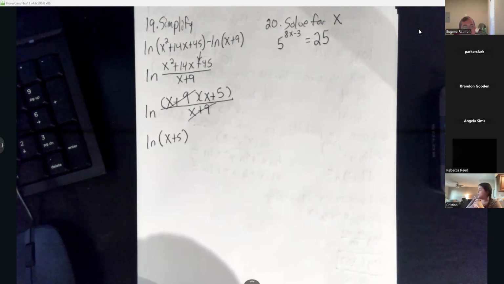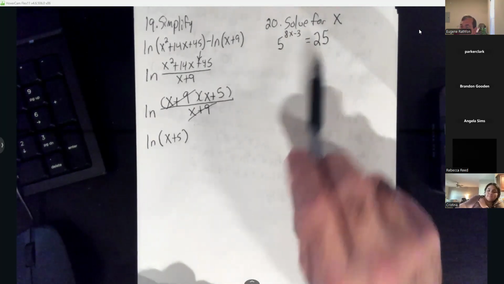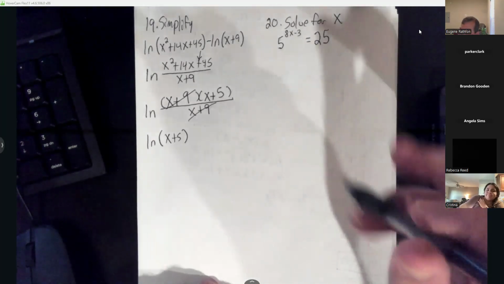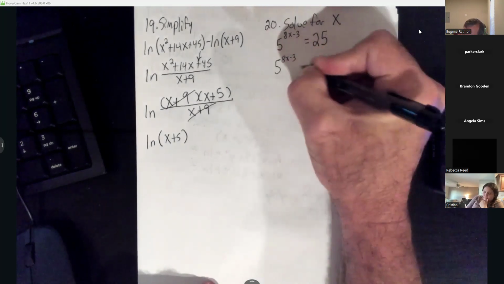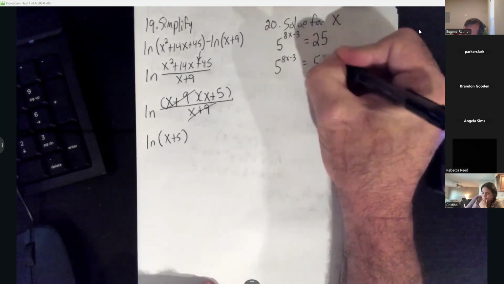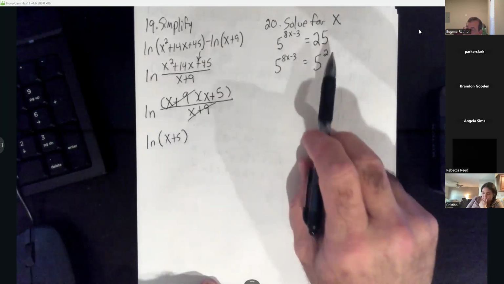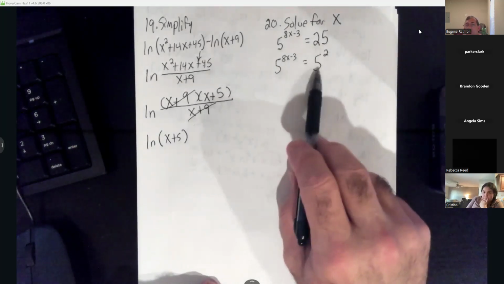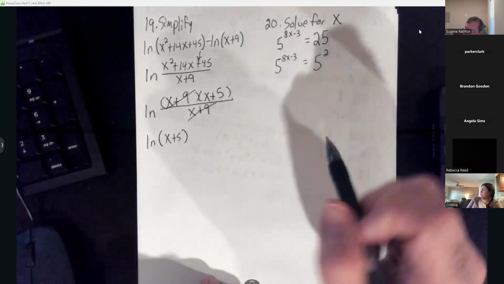So some of y'all look like y'all are shaking yes on that. Yeah, I can rewrite 25 as 5 squared, right? So I get 5 to the 8x minus 3 equals 5 squared. So that's your first step, you always want to start out trying to rewrite these as the same base. Well, y'all look at that.